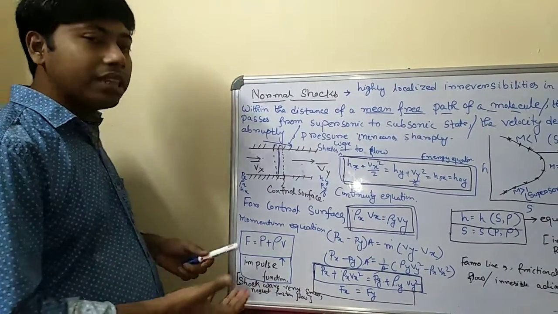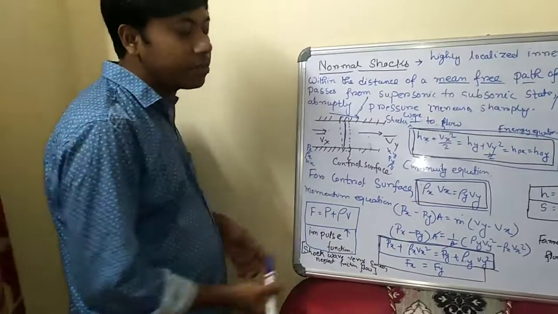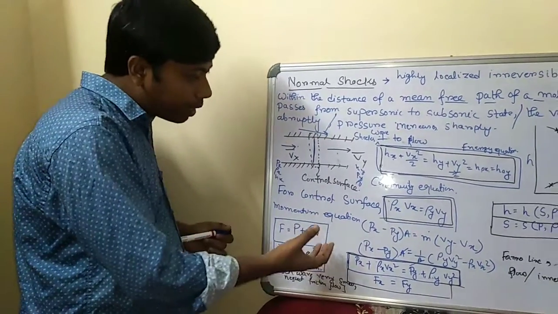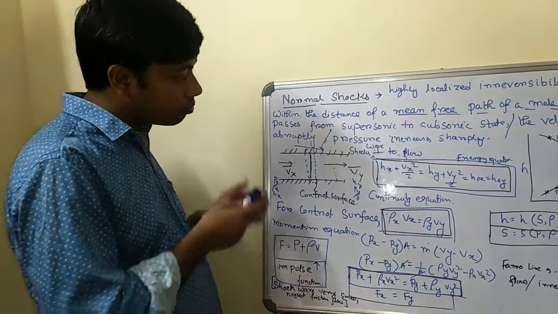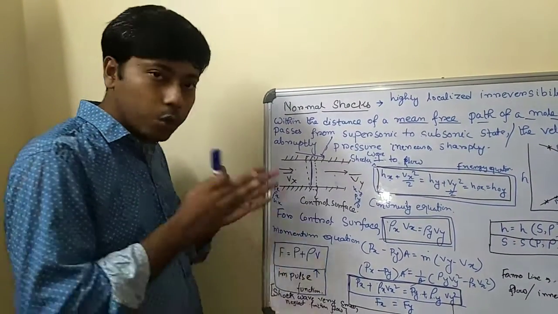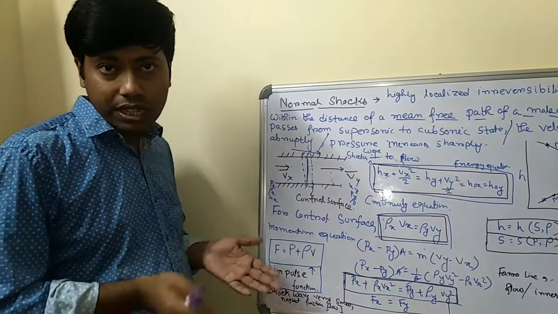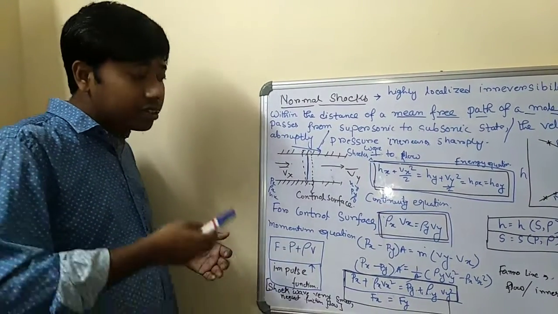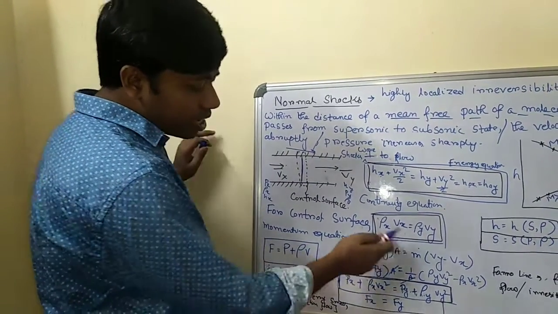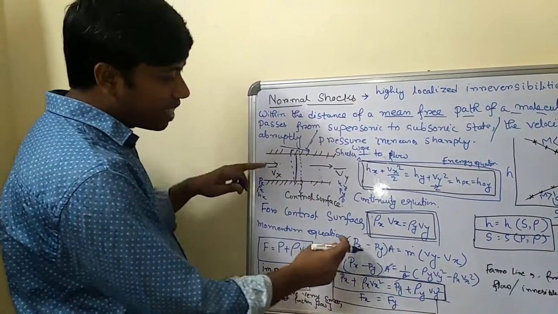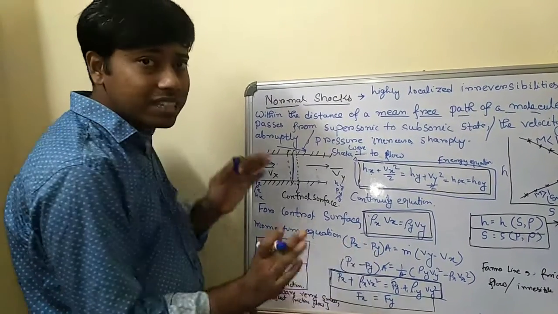Now, if we apply the momentum equation along this, you can write it down. When the fluid flows through a particular channel, we assume that there is no friction at all. Then you can write the momentum equation in this form: the net pressure force, Px minus Py into A, where P into A is basically force.